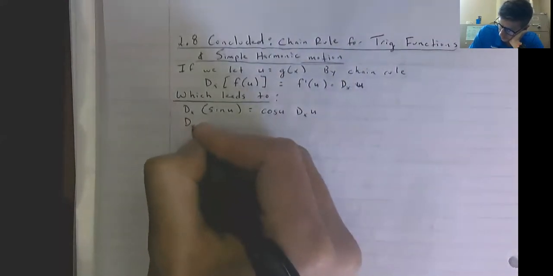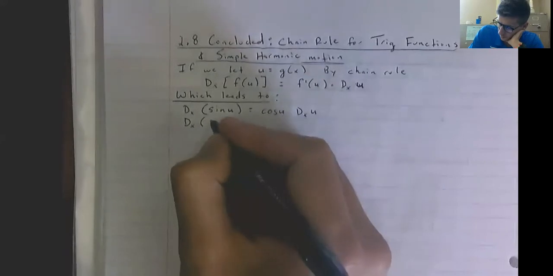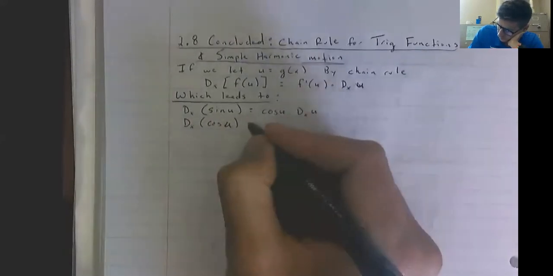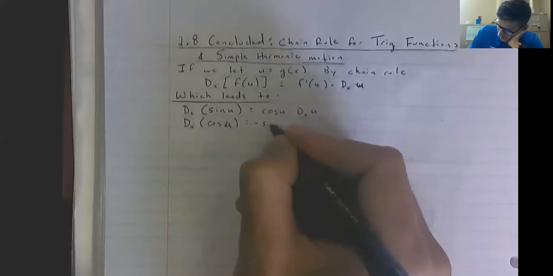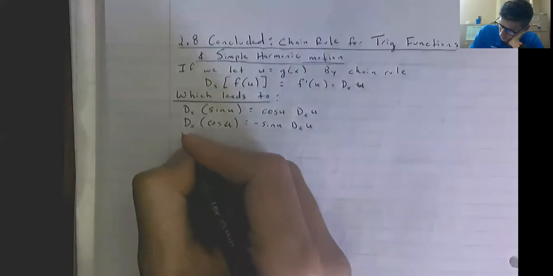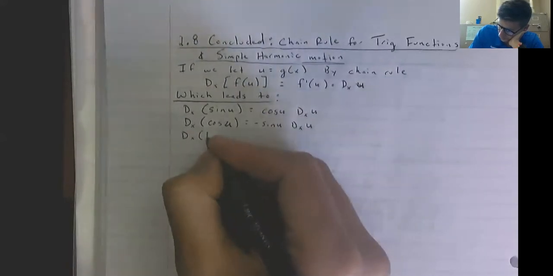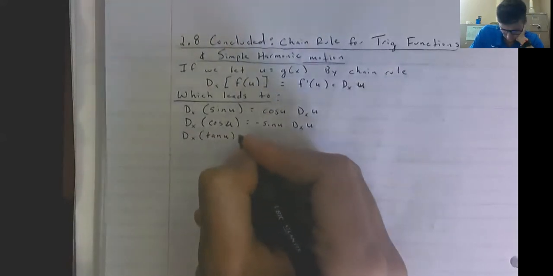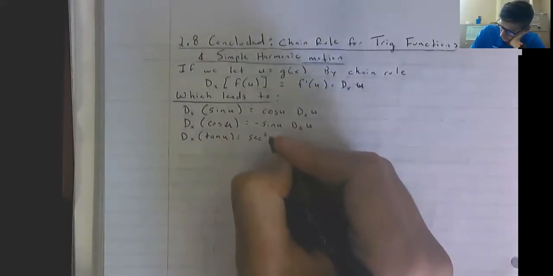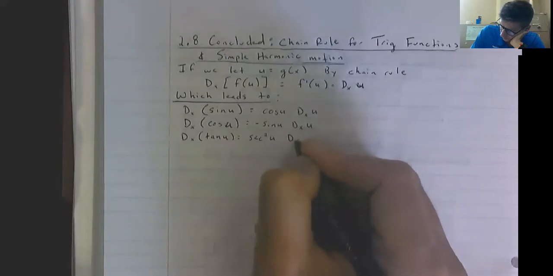And this just goes down the line of our trig functions. The derivative of cosine of u is the negative sine of u times the derivative of u. The derivative of the tangent of u is equal to the secant squared of u times the derivative of u.